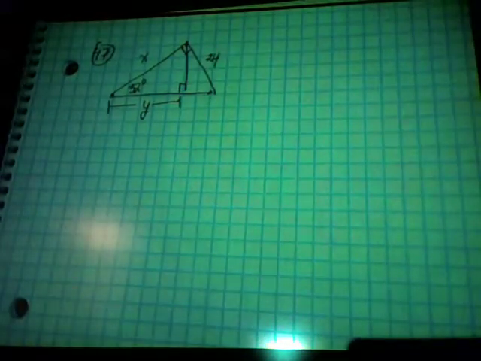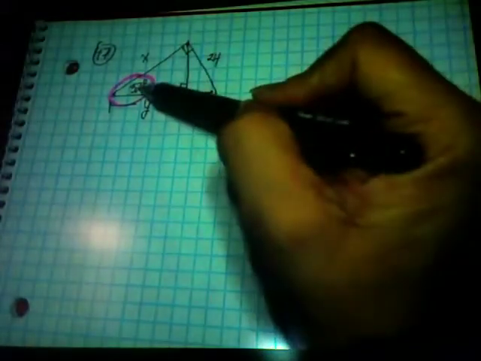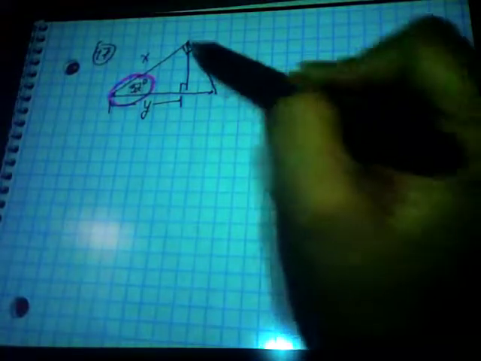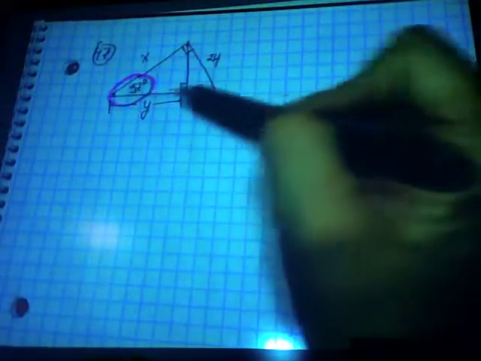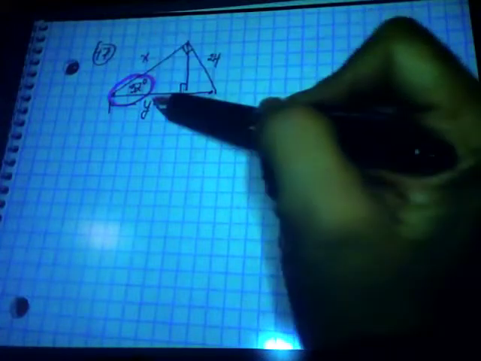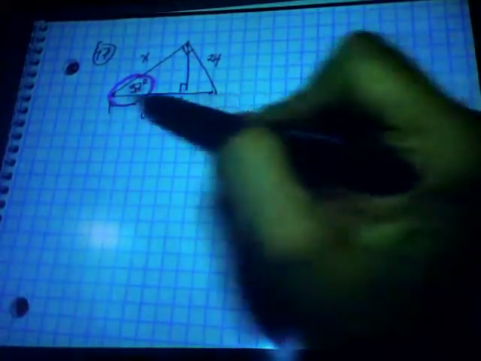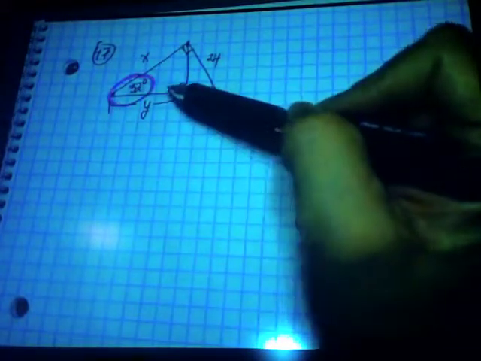So, if this is my degree of reference right here, we're going to work with the big outside triangle first, because this angle belongs to this little triangle here, or the big triangle here. Because on this little triangle I have two unknowns, I don't want to work with the small triangle. On the big triangle, don't I only have one unknown? So I'm going to work with the big triangle first.